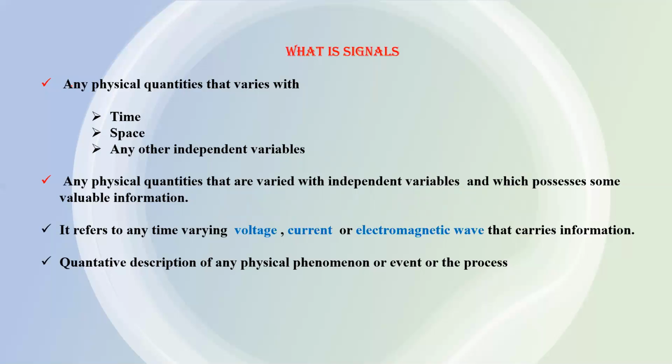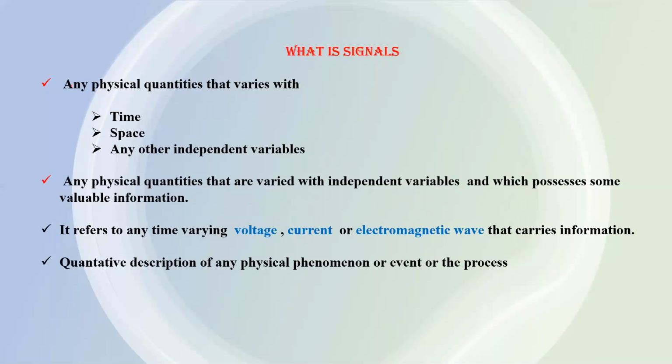A signal is basically a physical quantity. Voltage can be a signal. Voltage is a physical quantity and it can be a signal. Current is a physical quantity and it can be a signal. Pressure is a physical quantity and it can be a signal. Temperature can be a signal.